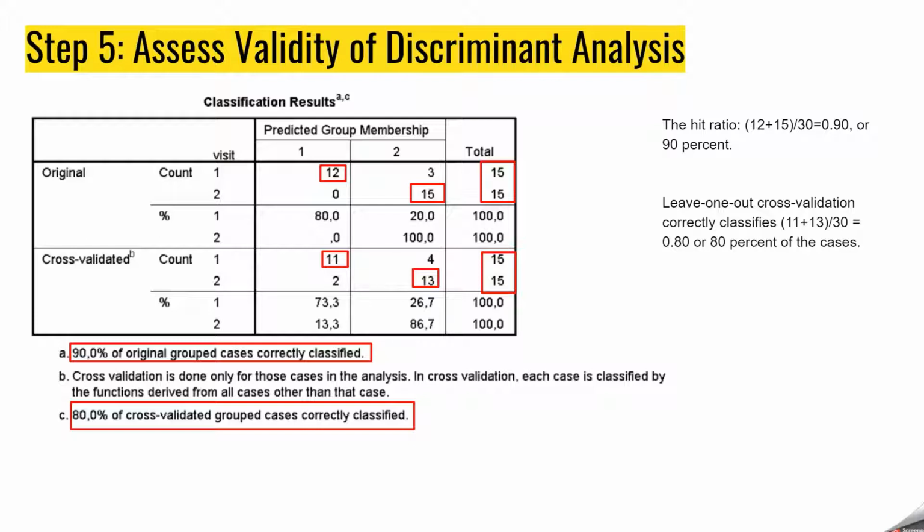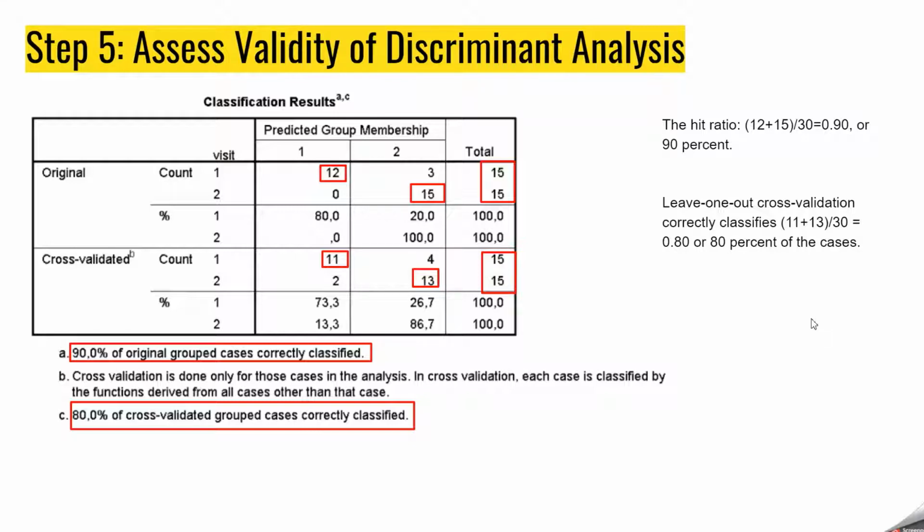you can see that the hit ratio is equal to 12 plus 15 divided by the total of 30, which is about 0.9 or 90%. This means 90% of the original grouped cases are correctly classified.